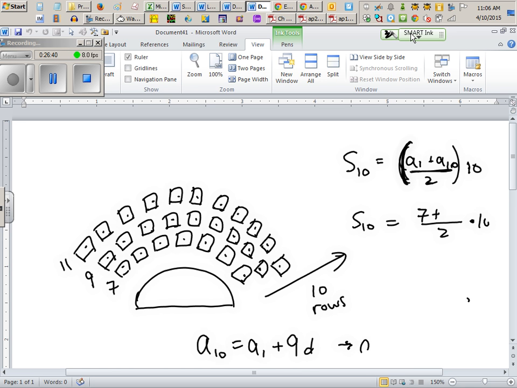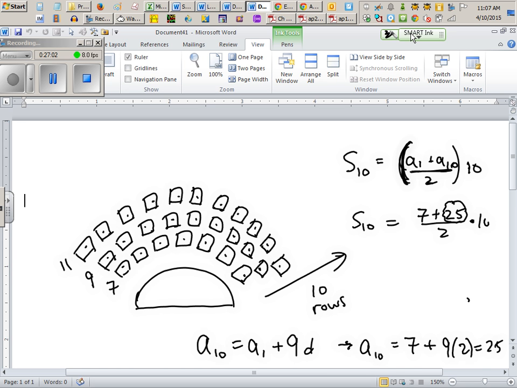Okay, so what was a1 again? 7. What's the difference of chairs between any two rows? 2. So how many chairs are in the last row? 25, right? So that would go here then.